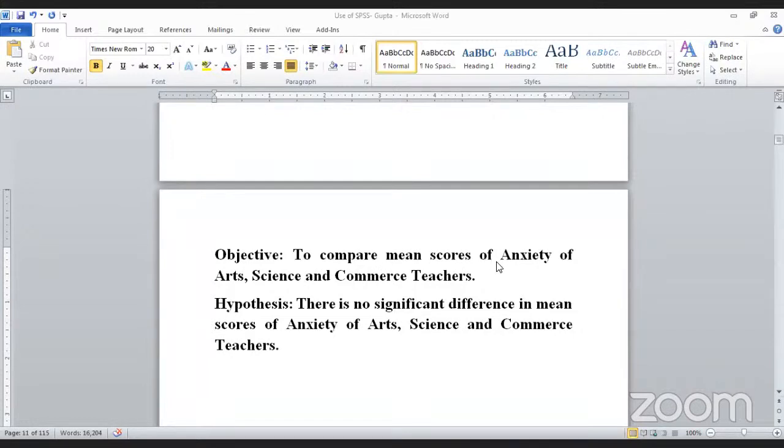One variable is anxiety, and another you can say stream, or discipline, or subjects, arts, science and commerce, or faculty, arts, science and commerce, anything. So these are the two variables.